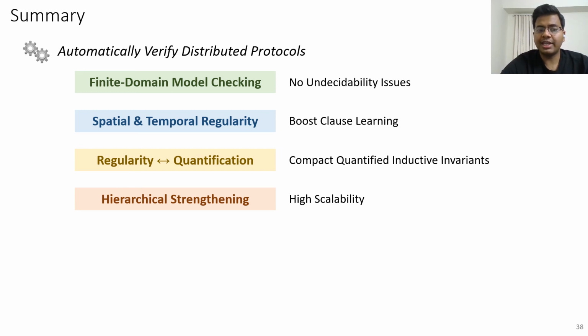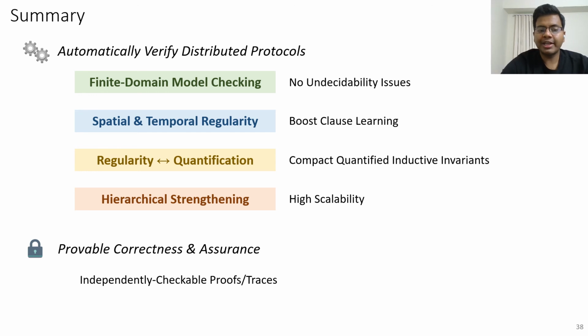We can also scale automatic verification to large complex hierarchically specified protocols by stepwise adding complexity in stages. We also get provable correctness and guarantees with independently checkable proof certificates and counterexample traces, with a very general approach that finds applications in a variety of different domains.